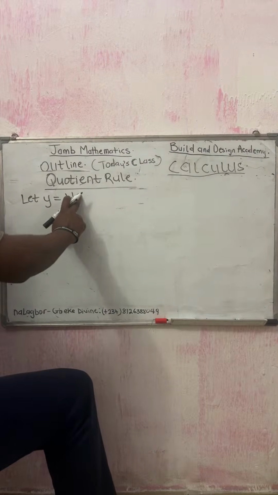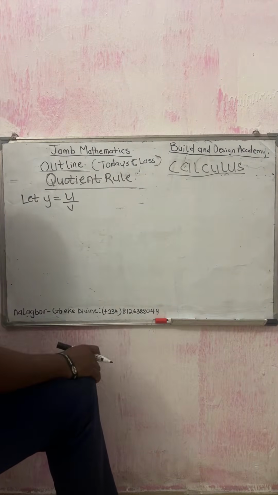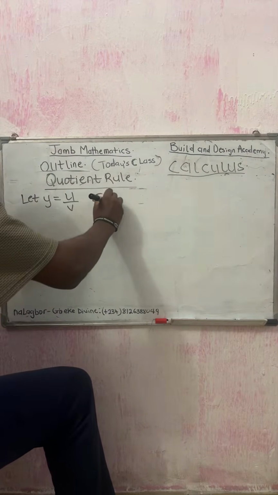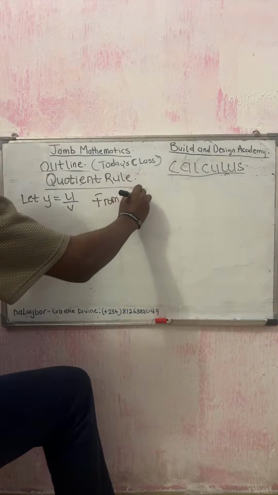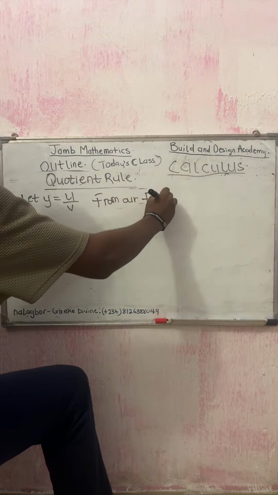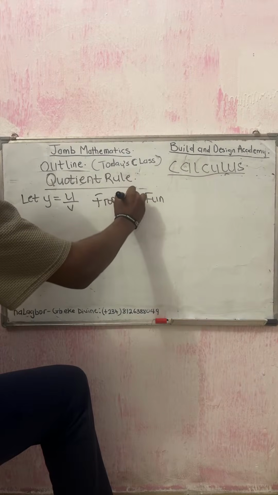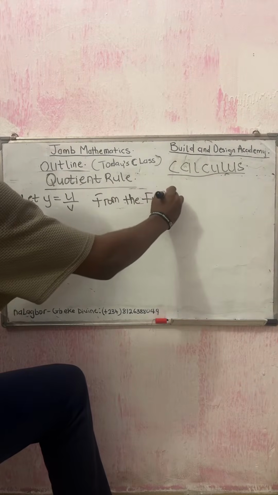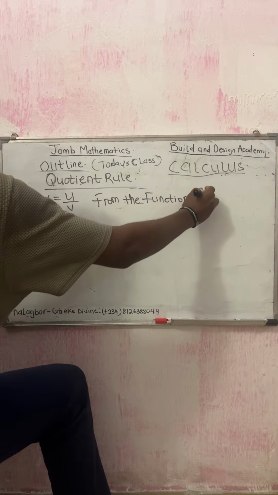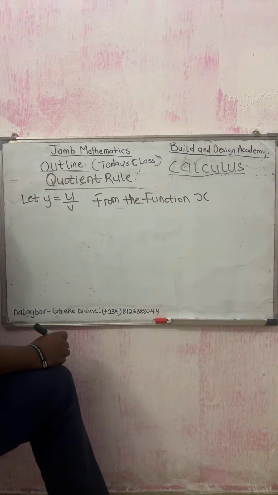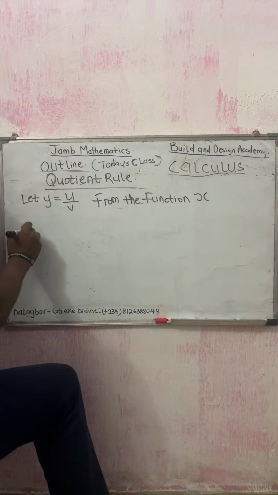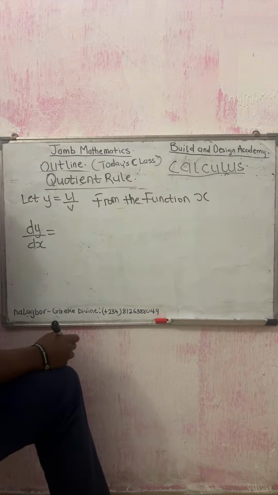Now we know that u and v will be gotten from our function of x. So our formula will be: dy over dx will be equal to, now take note of this, look at it closely.